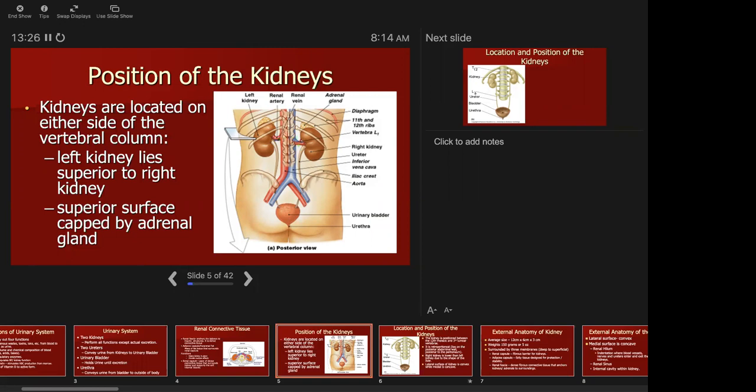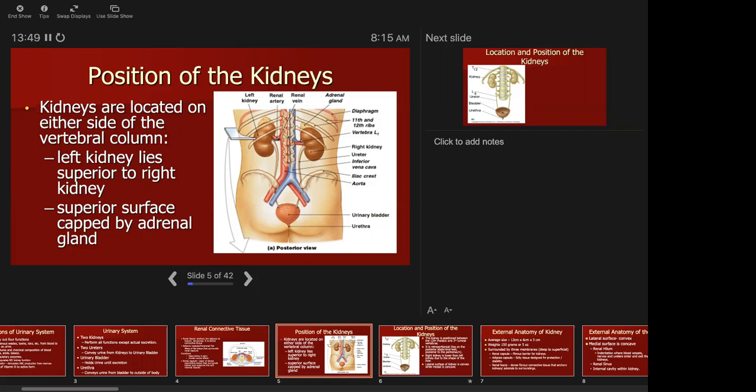Now, before we leave this diagram, even though it's not an anterior view, look at what happened. The vein that drains the left kidney is called the left renal vein. Look at the left renal vein: it has to pass anterior to the aorta to reach the inferior vena cava. Why?